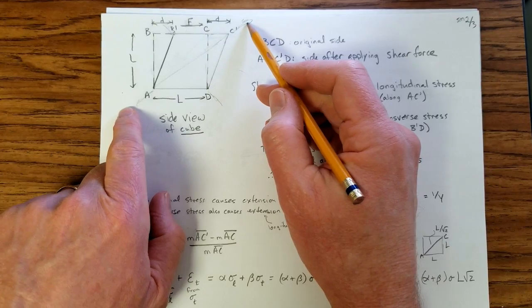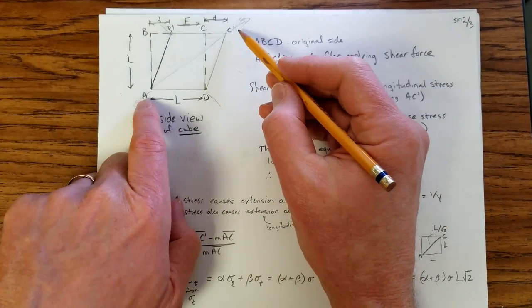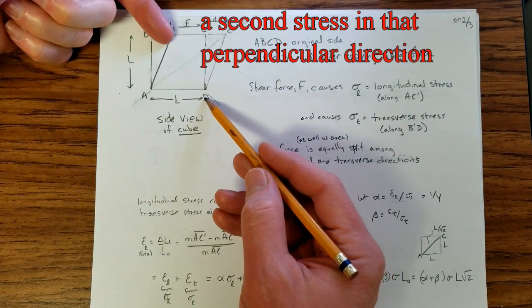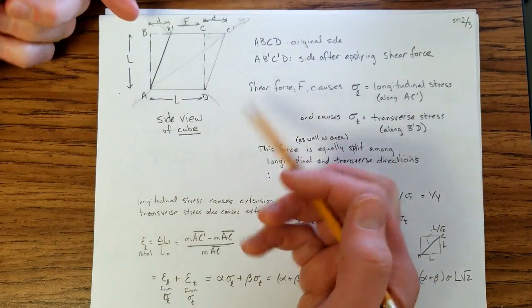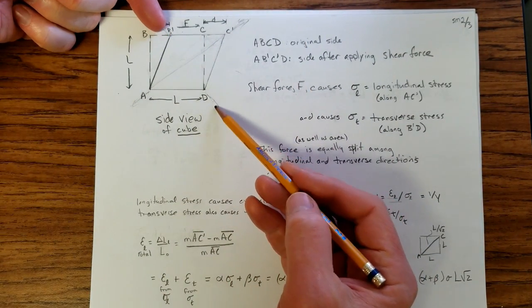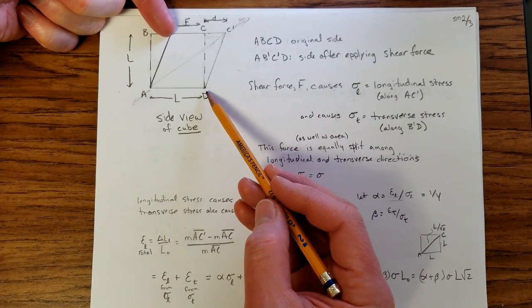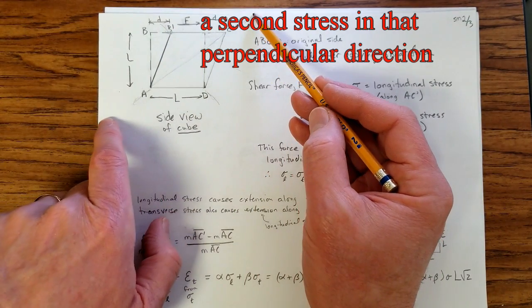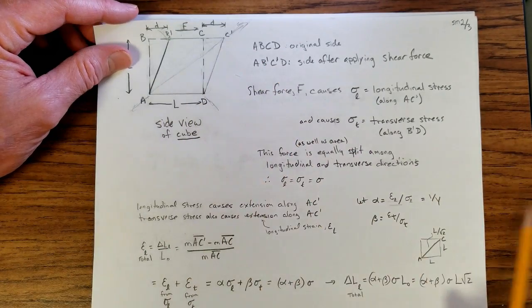If I'm pulling in that direction, this is naturally going to come in, so this longitudinal stress is going to cause a transverse stress in that direction. Likewise, if I ignore these forces and look at just the force that's pushing in like this, this would now be called a longitudinal stress, and it's going to cause a transverse stress in that direction. Longitudinal is the direction the forces are applied, transverse is perpendicular to that.